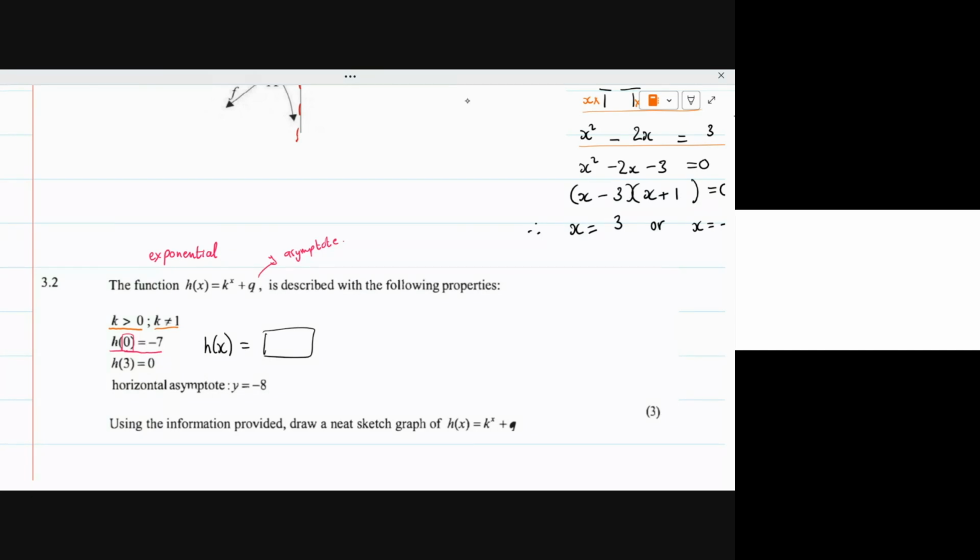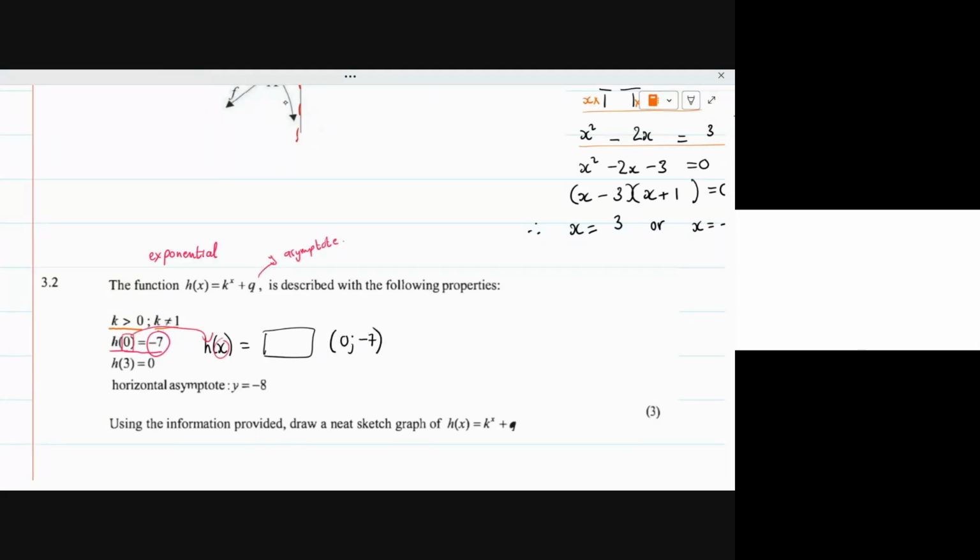Now I've replaced x with 0. And what answer did I get out on the other side? I got -7. But that's a coordinate, because that's an x value and that's a y value. So my two coordinates are going to be 0 and -7.